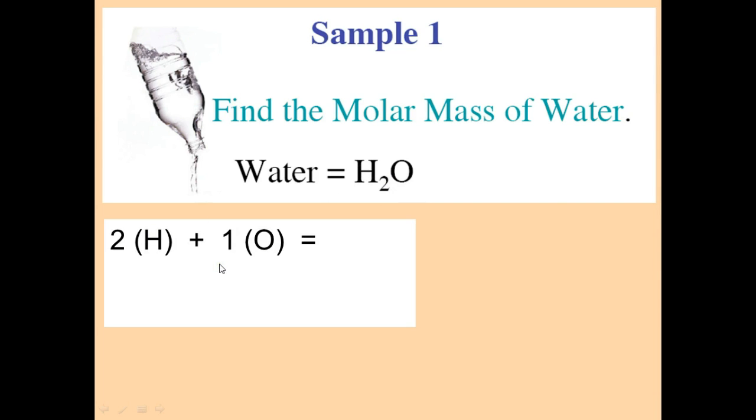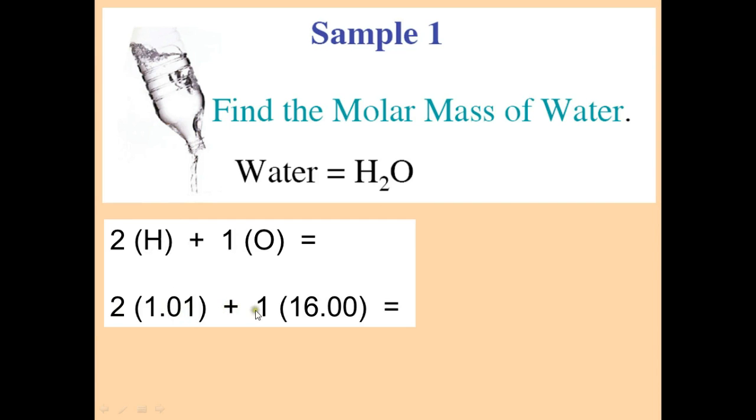Then, once we know the number of each element, we go to the periodic table, and next to each element or underneath it says the atomic mass, which is usually a decimal. For hydrogen it's 1.01, so 2 times 1.01, that's how we get the molar mass of these 2 hydrogens.